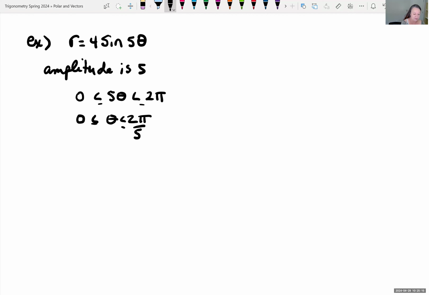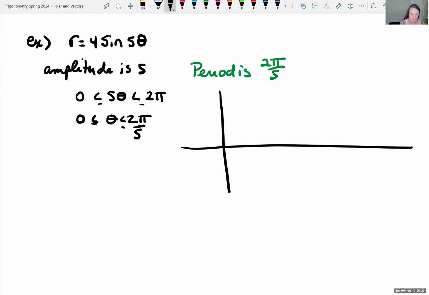So I know the length of my period is 2 pi fifths. So this is where we're going to want to break it down. We have 0 here. We know we have 2 pi fifths here.